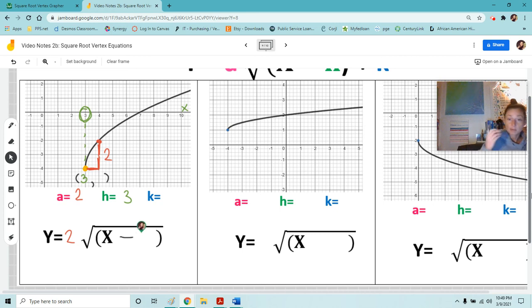The minus is already part of the equation, and then we're putting in a +3. Then I look at the y-axis. That's going to tell me the k value. Here, that's at -4. So in my equation, it's going to be a -4 at the end. It's plus k, so if it's plus -4, it just makes it a -4.